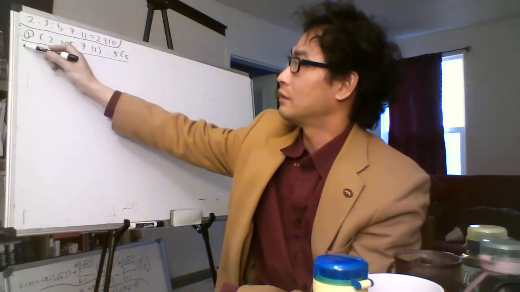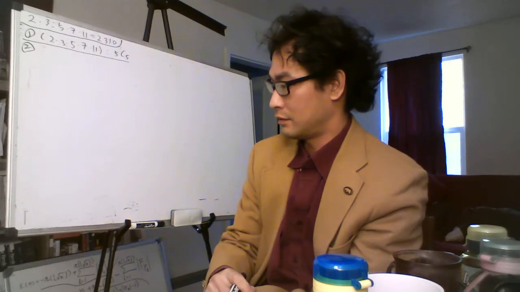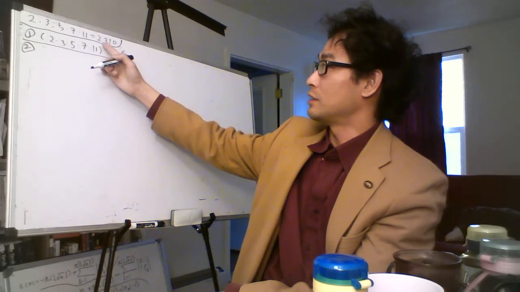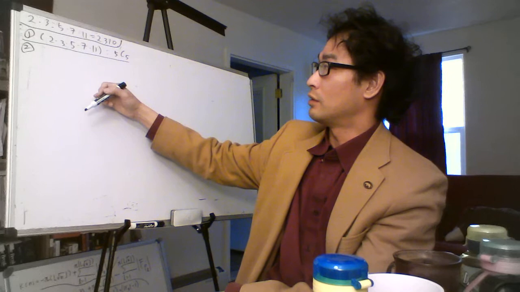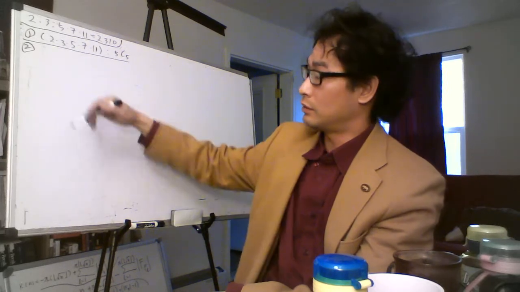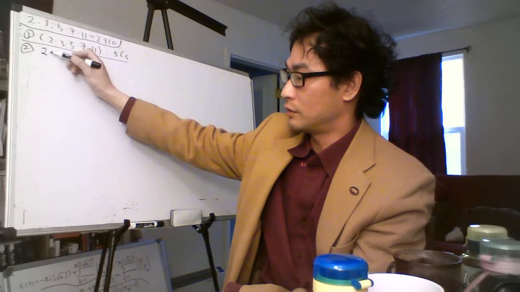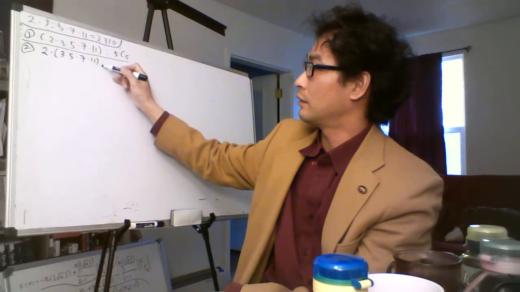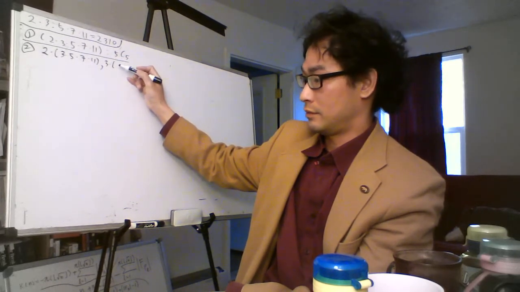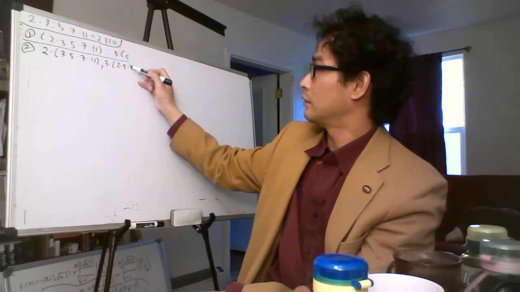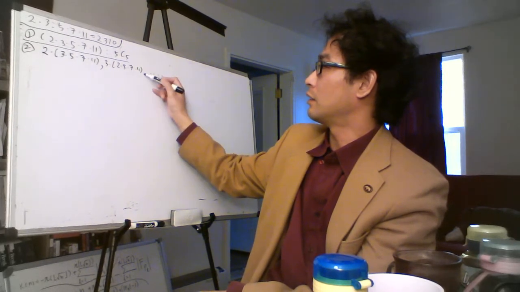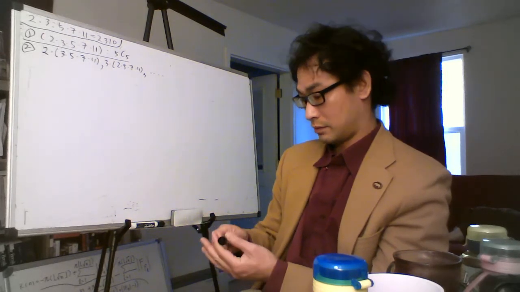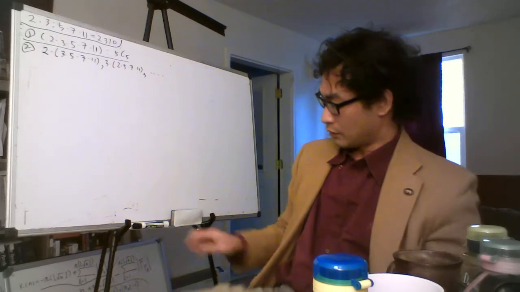Now, second categorization. How many ways are there to express this number as a product of two numbers? Okay, so yeah, you have two times blah blah blah. Let me grab another color because we need at least two colors.